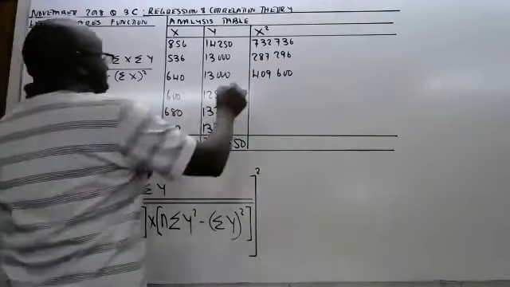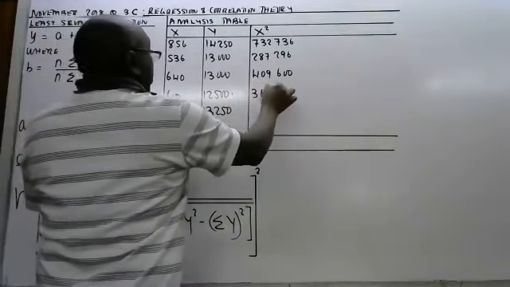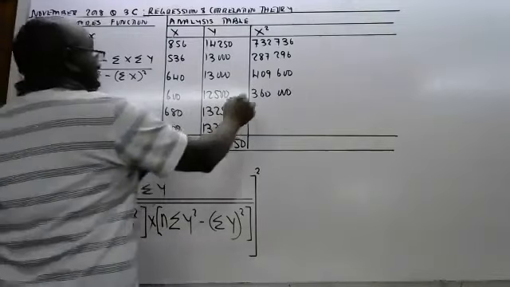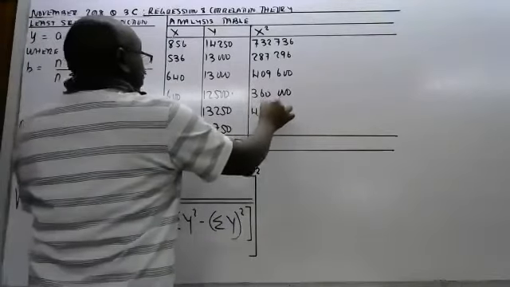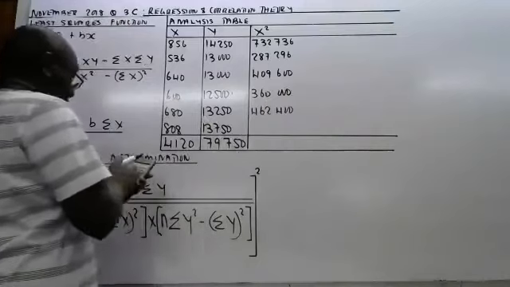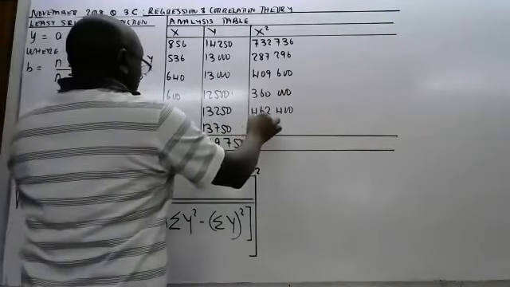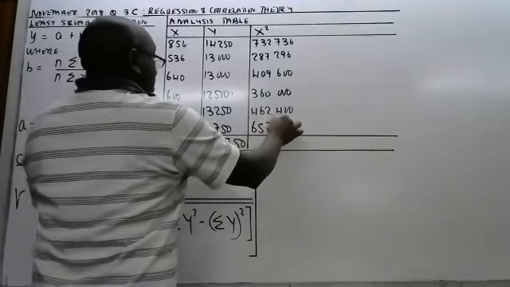600 squared is 360,000. 680 squared is 462,400. 808 squared is 652,864.